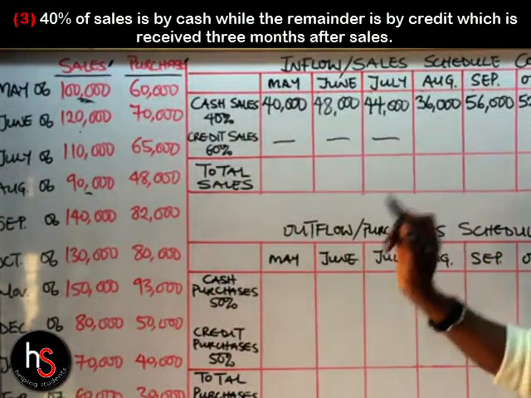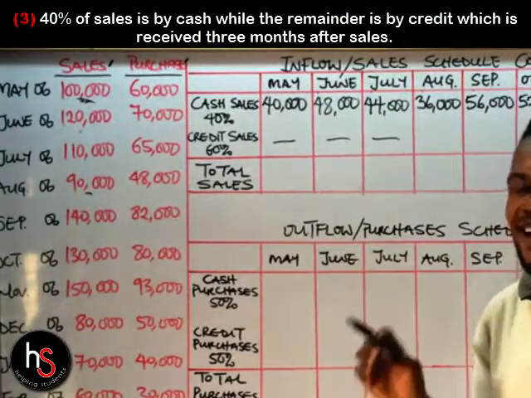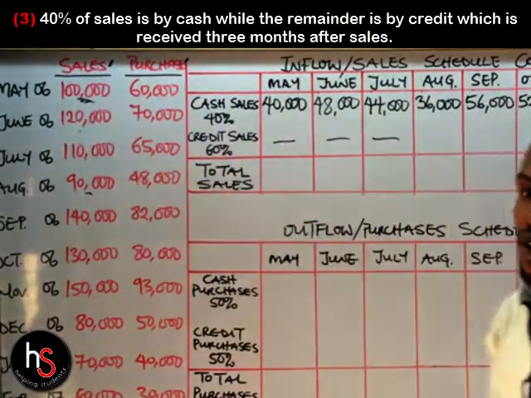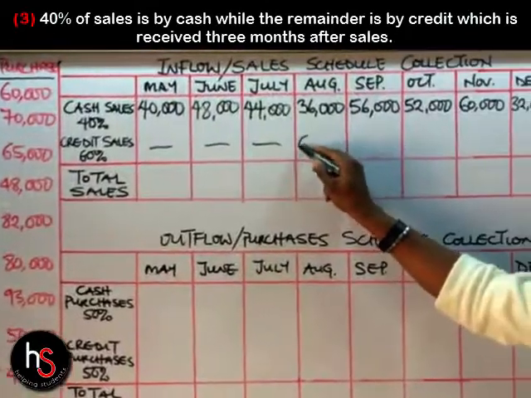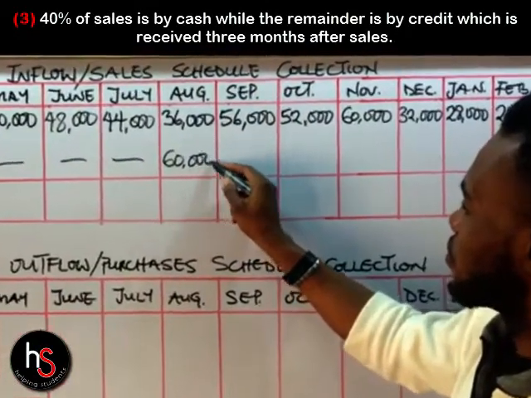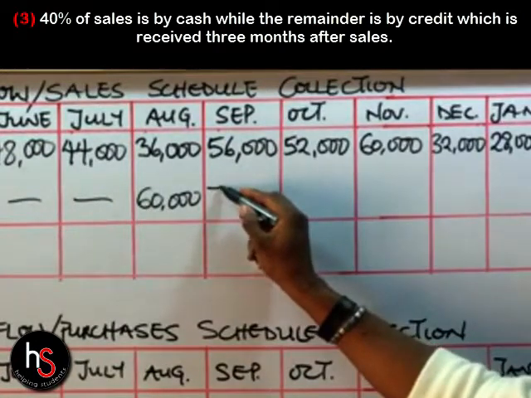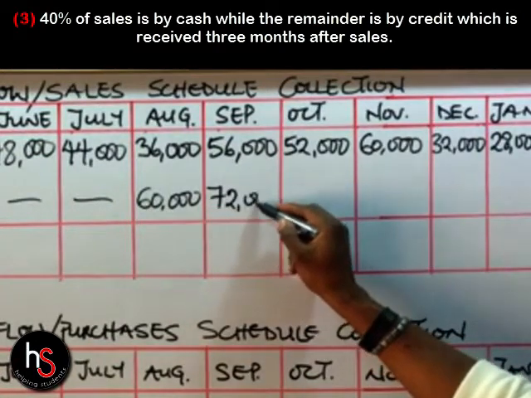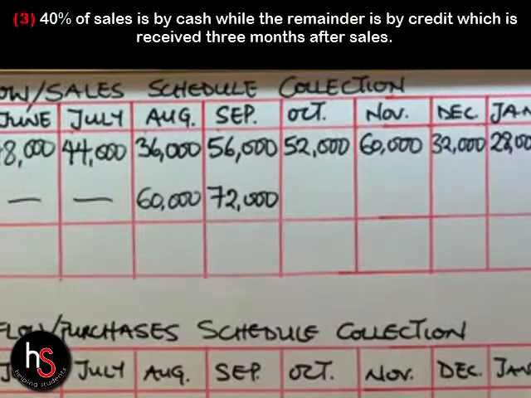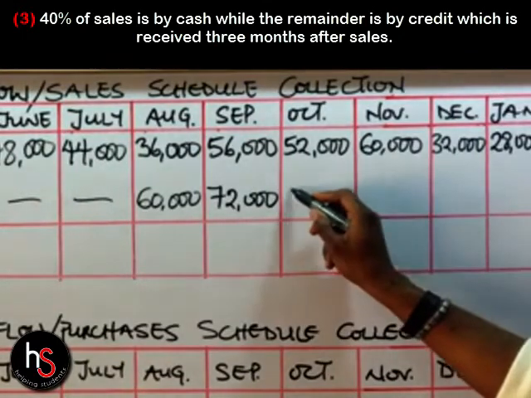So that is 60 divided by 100 times 100,000 is equal to what? 60,000. In September, we'll have 72,000. In October, we have 66,000.